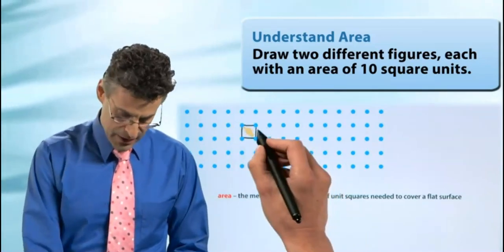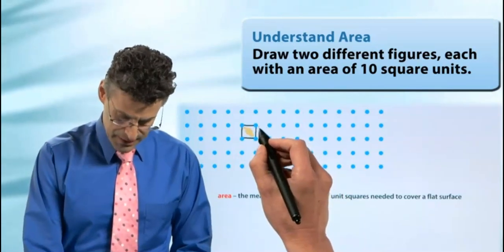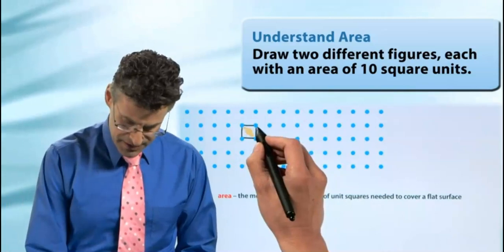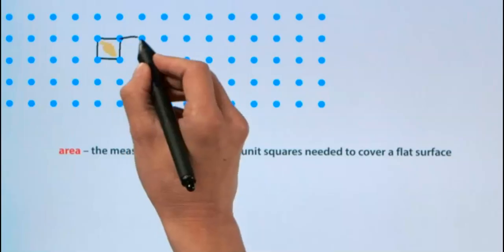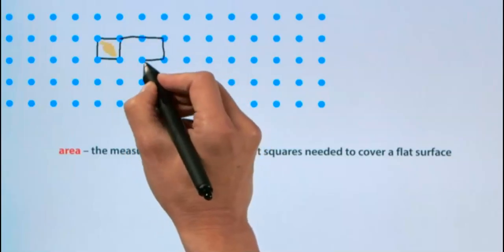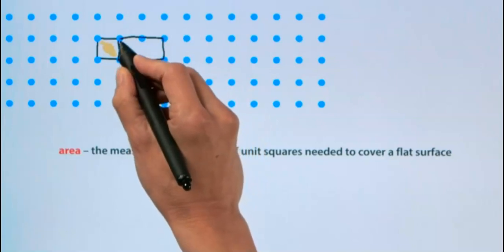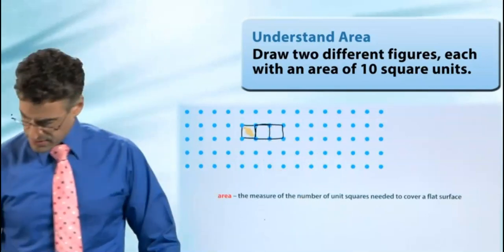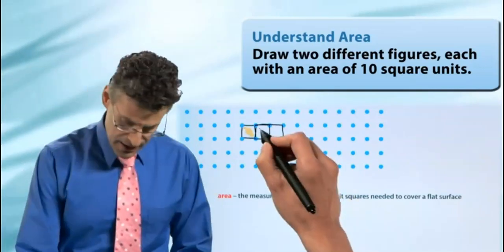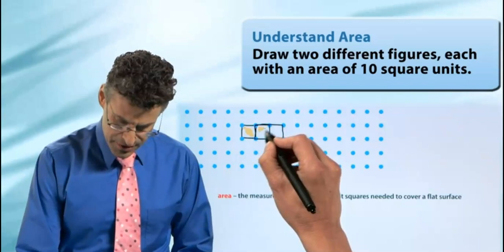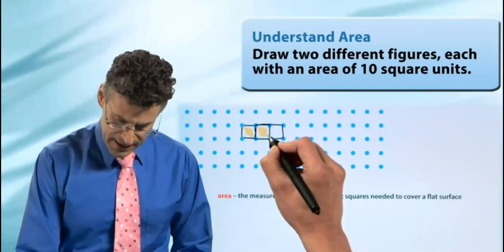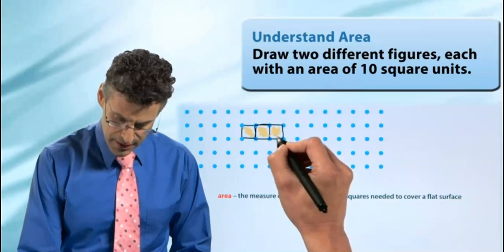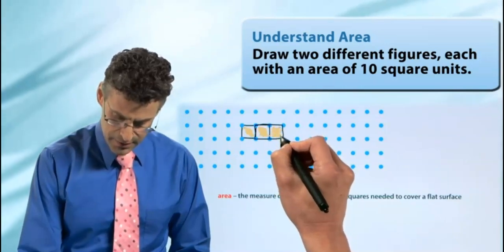So for example, what if I were to extend this picture and make it look like this? Well, now notice that I've got that first unit square, a second unit square, and now a third one.